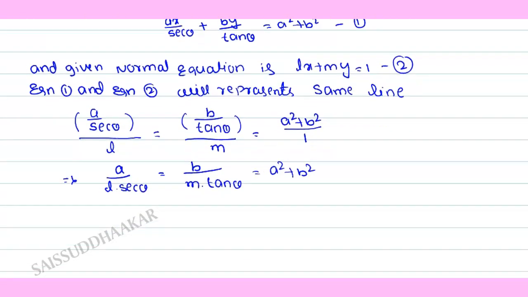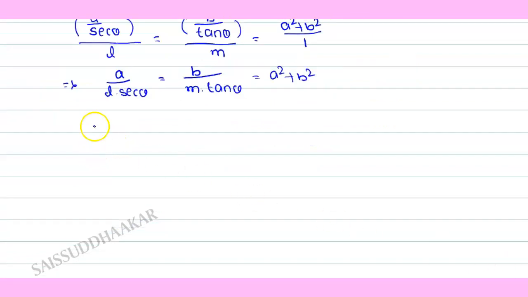Now equating first and last, and second and last, this implies a/(L secant theta) = a² + b².